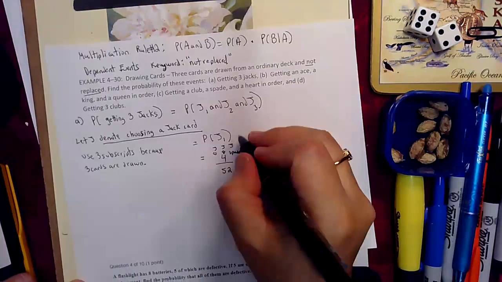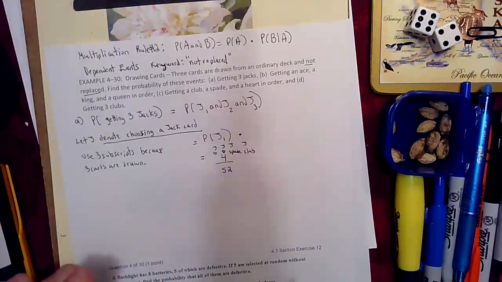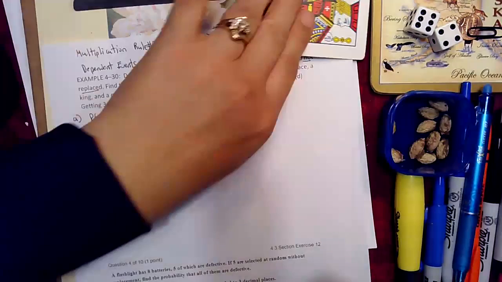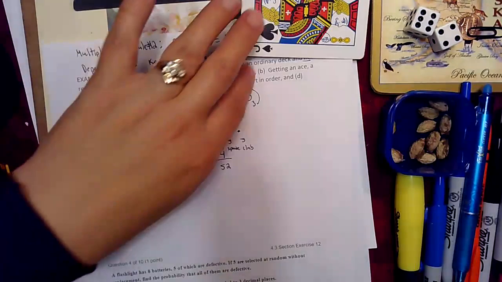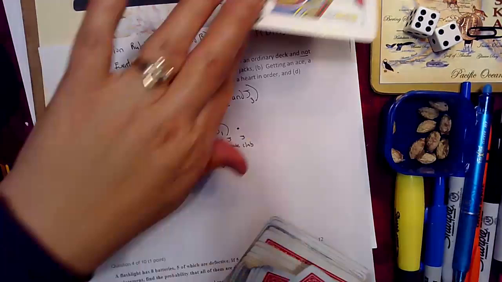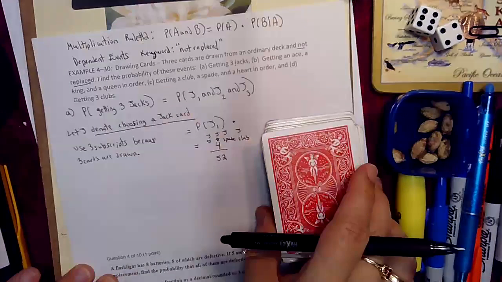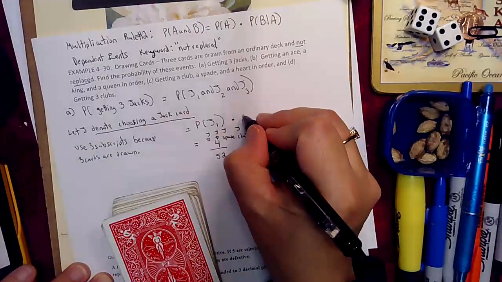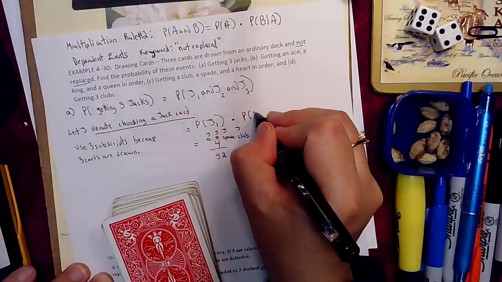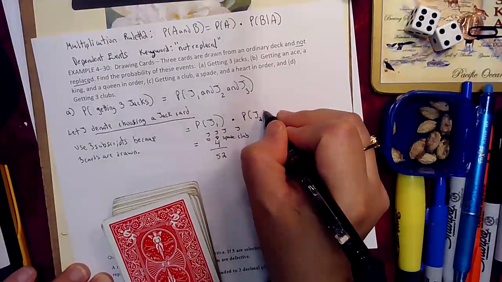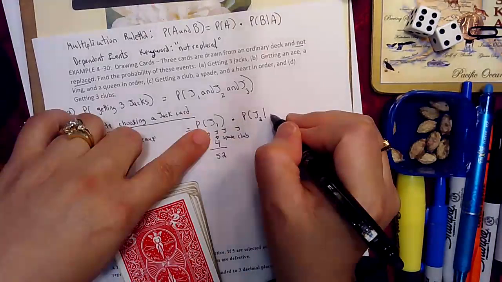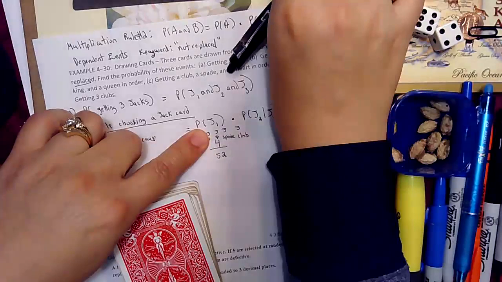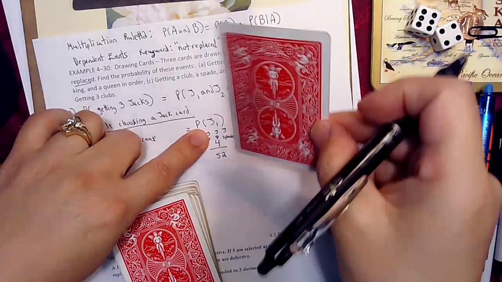But then it says you draw a card and you draw the jack, but you're not putting it back in the stack. You're separating it. Now you want the second choice, the probability of picking the second one, but given that this first event has already occurred, which is over here: you got a jack already, so you put it over here.